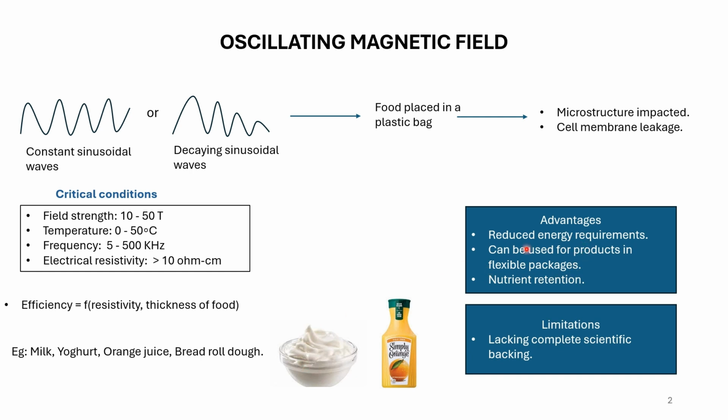Advantages of this technique are that it results in reduced energy requirements. We are not making use of a lot of energy. The second thing is it can be used for products in flexible packages.